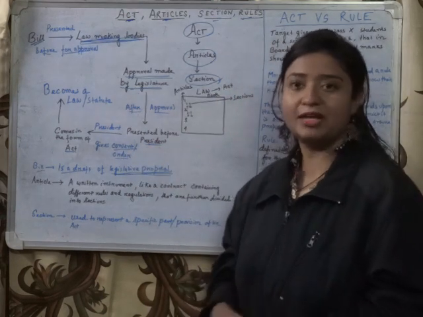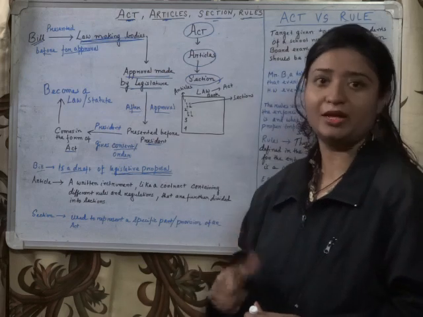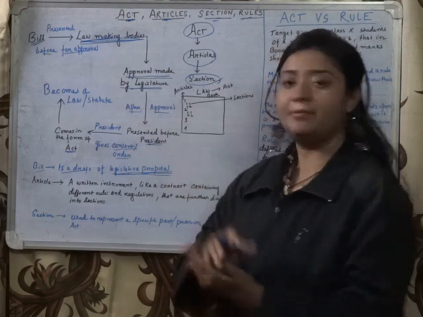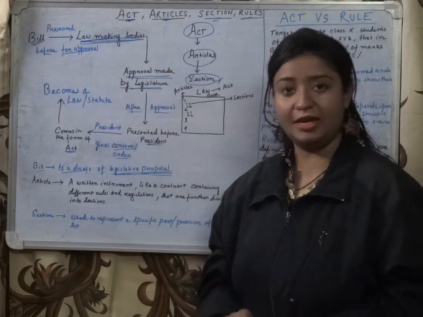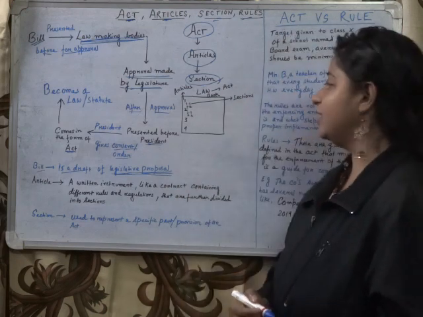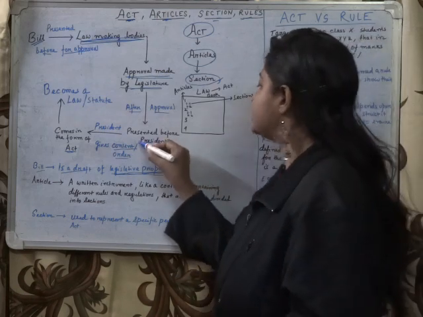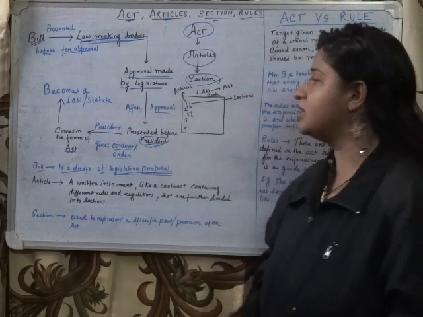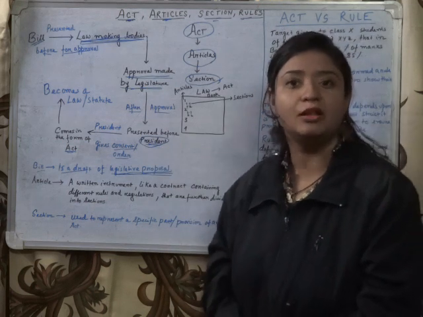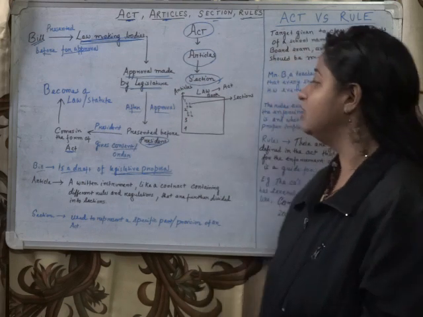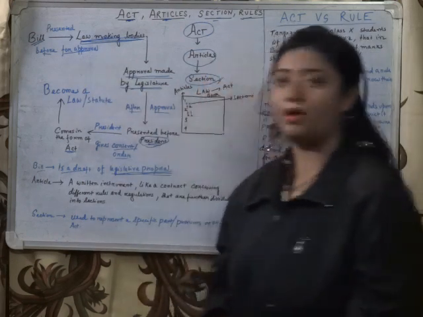He may give a thumbs up that it's okay, the bill can become an act. He can thumbs up or he can thumbs down. So the final decision will be based on the president, on what he is going to do with the bill, whether he is accepting the decision of the law-making bodies or not.